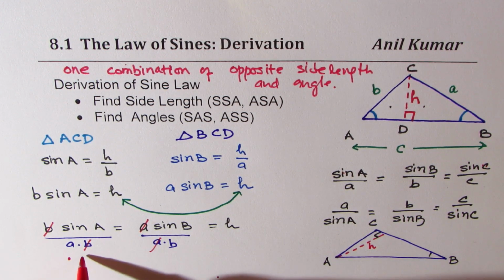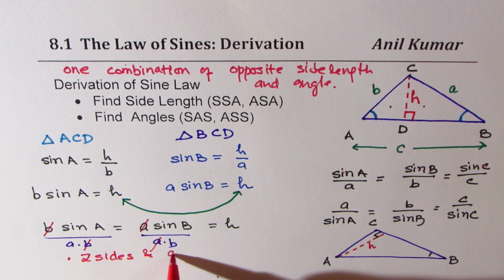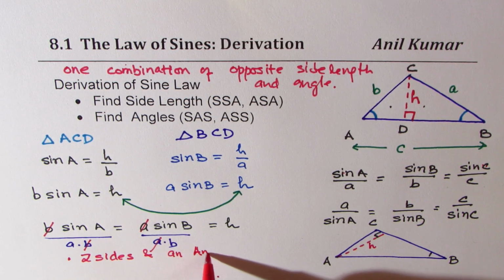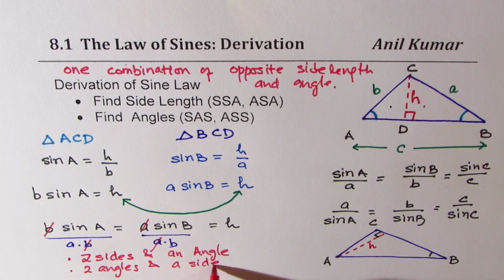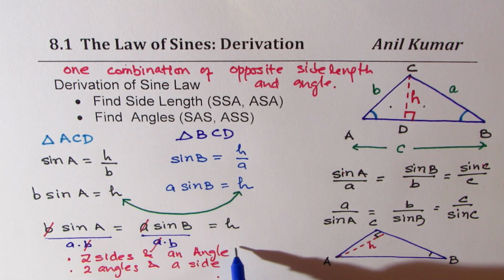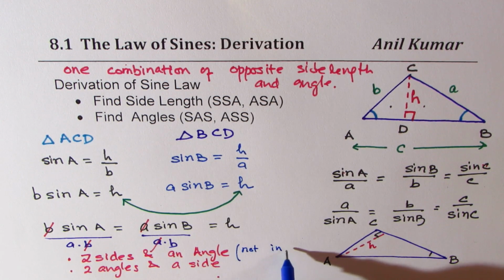When we are given two sides and an angle, and it can also be applied if you are given two angles and a side, to solve any triangle. Note, in this particular case, the angle is not the included angle.